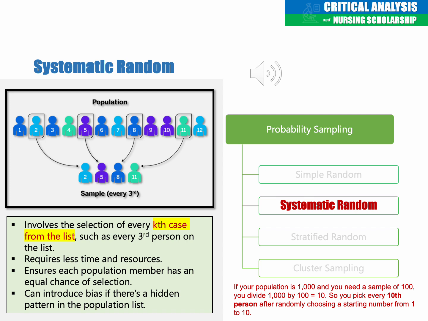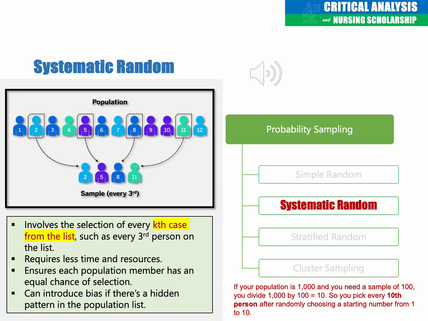Now, how does systematic sampling work? For example, if your population is 1,000 and you just need a sample of 100, in here what you can do is divide 1,000 by 100, and that would mean 10. So you pick every 10th person after randomly choosing a starting number from 1 to 10.